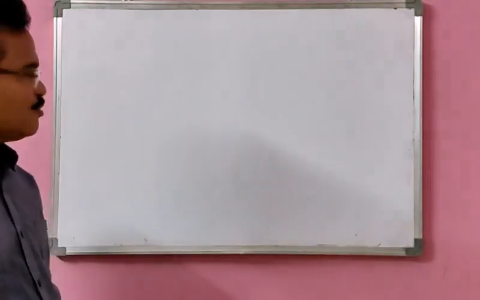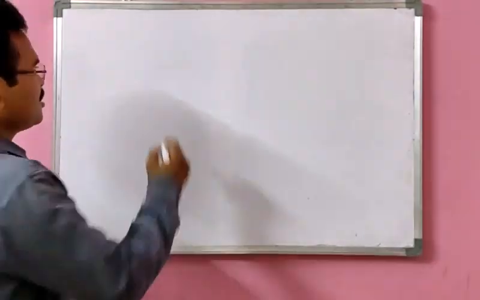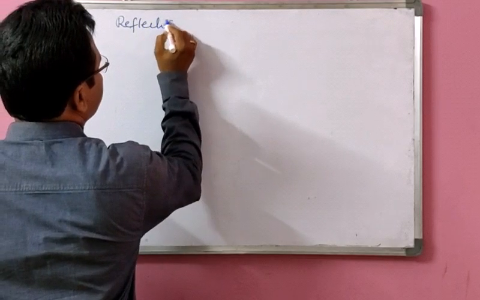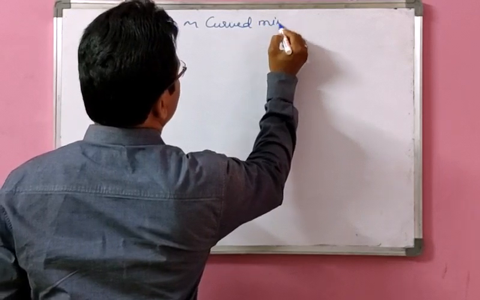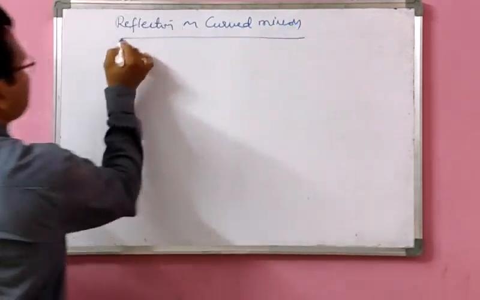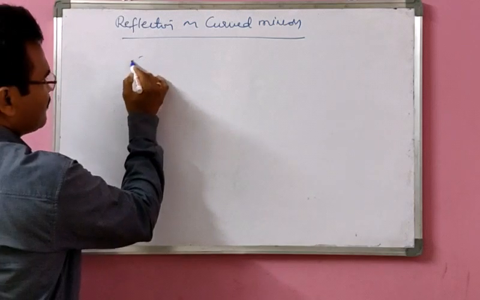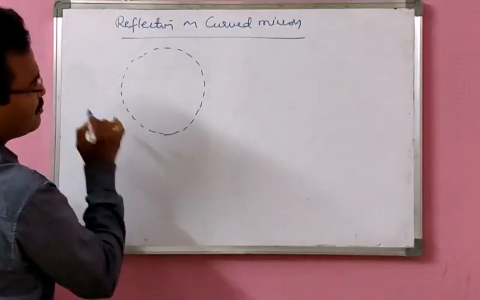Okay. Now let us move on to reflection on curved mirrors. First of all, how many types of curved mirrors are there? Take a spherical hollow ball.